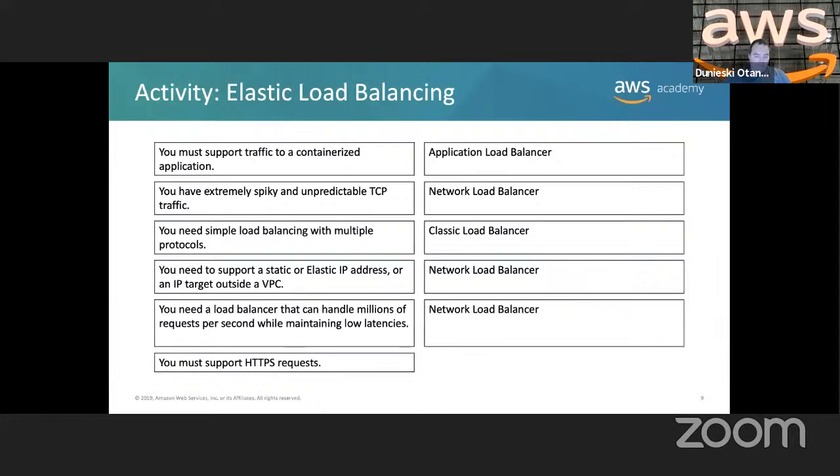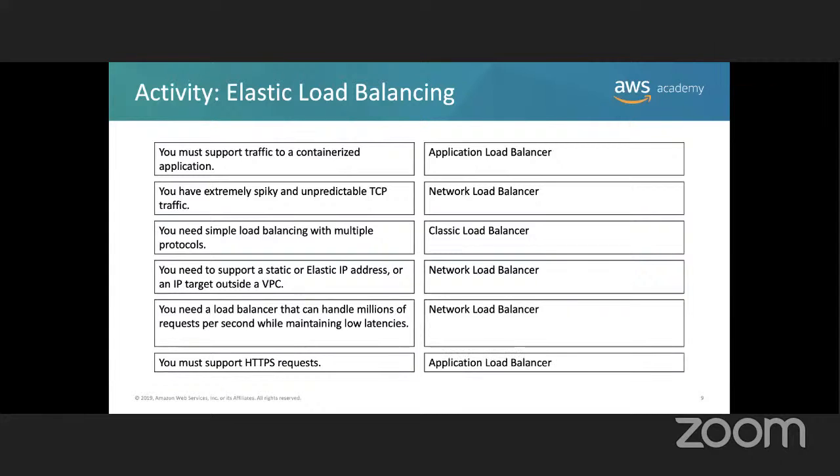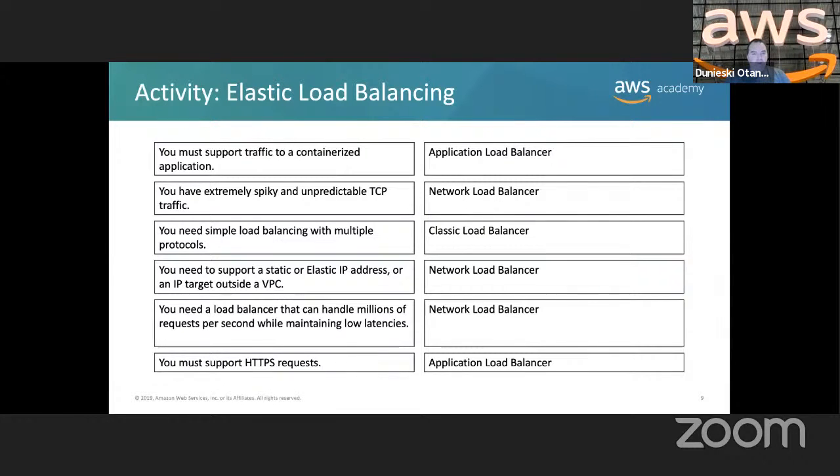HTTPS, HTTP. Application Load Balancer. So guys, if you can take a picture of this on your computer, right? Remember this. These are some of the use cases of the Elastic Load Balancers.